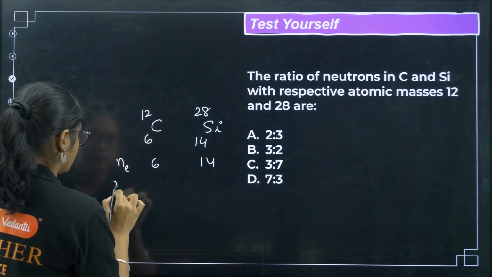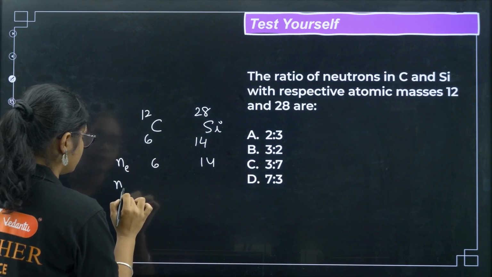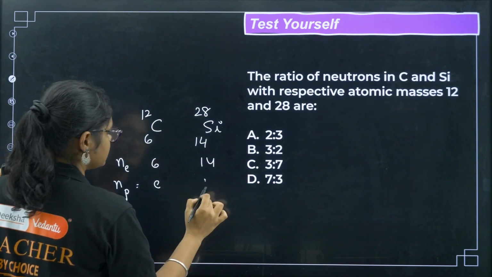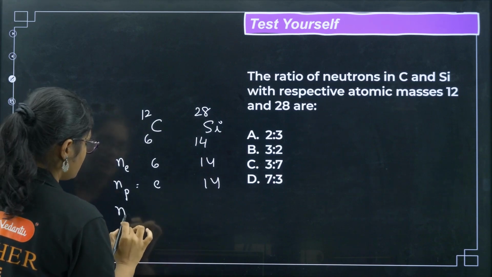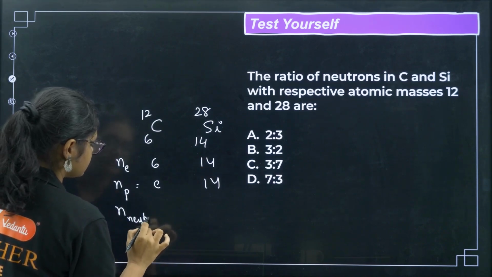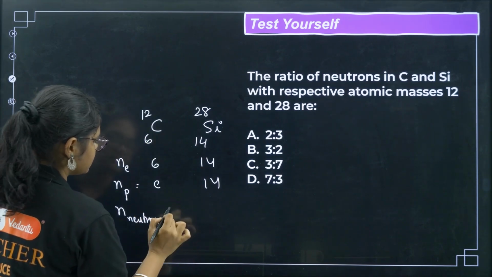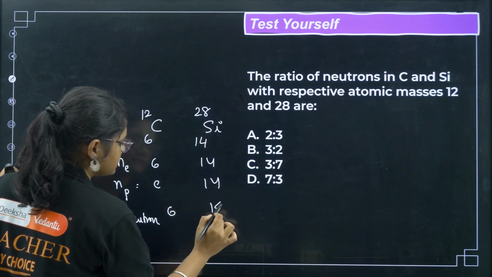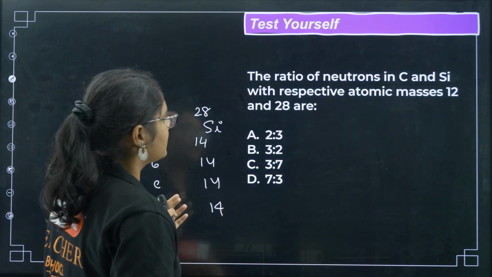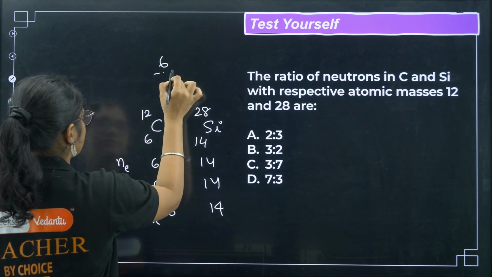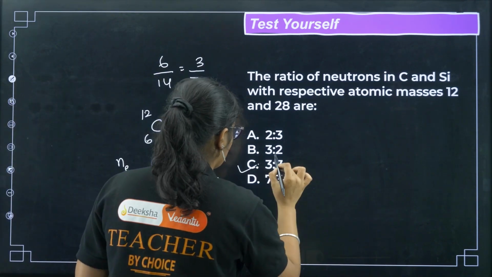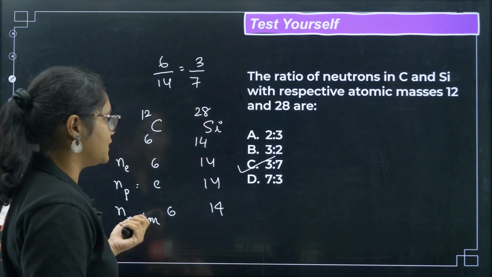Then we have number of protons, which will be the same as electrons. If I calculate number of neutrons, it will be mass number minus protons, so 12 minus 6 is 6 here, and 28 minus 14 is 14, right? So I need to take the ratio, that is 6 by 14, which is 3 by 7. So I'll get option number C here. Hope you all have done it correctly.